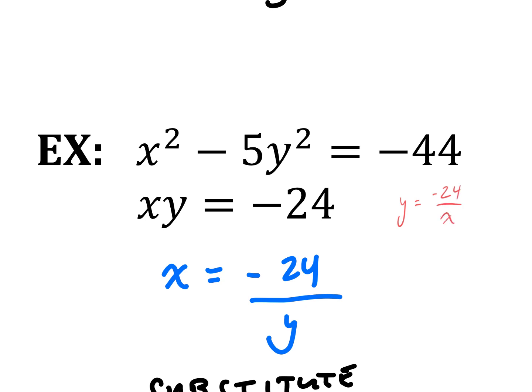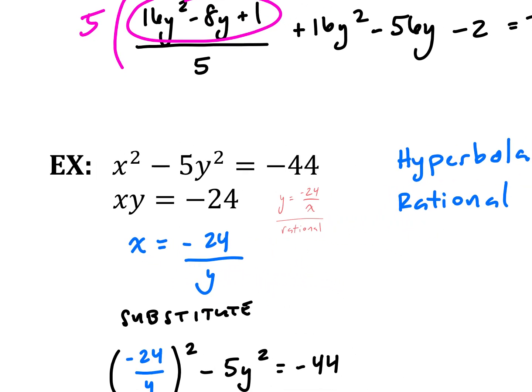Now, we're not going to deal with it in this sense, just because it's going to be easier when we substitute. But hopefully you recognize that this is a rational function, which we just finished graphing in the last chapter. So we've got ourselves a hyperbola and a rational function.